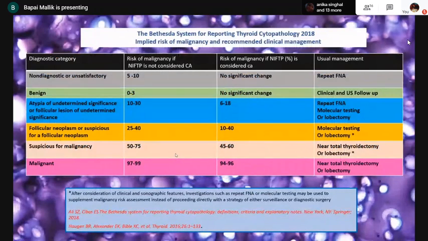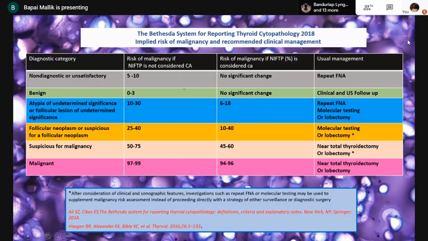Now, this is an extremely important slide. So these are the categories. I should have actually put the Roman numerals here, but this corresponds to 1, 2, 3, 4, 5, and 6. 1 is non-diagnostic, 2 stands for benign, 3 stands for atypia of undetermined significance or follicular lesions of undetermined significance, 4 is follicular neoplasm or suspicious for a follicular neoplasm, 5 is suspicious for malignancy, and 6 is malignant.